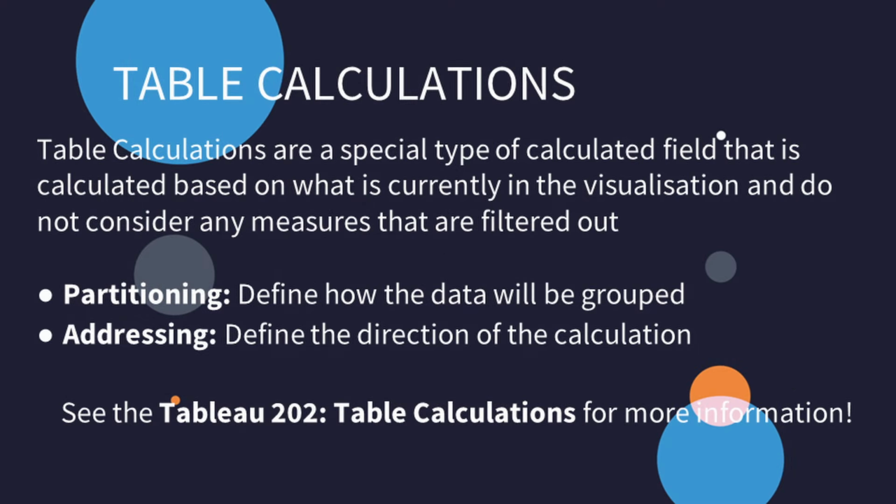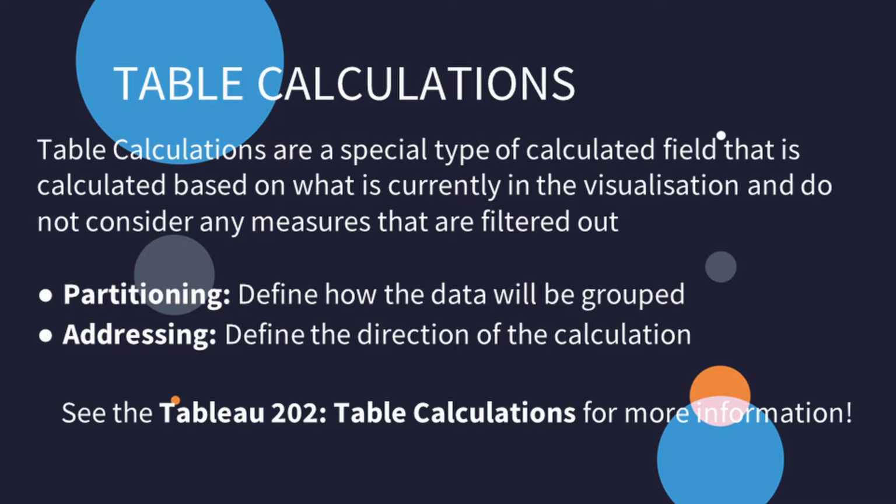You can add a table calculation by right-clicking on the field once it's in the view, and you have multiple options, some of which include ranking. So you can have a rank on a value and then restart it at every category. That would be your partitioning field. Or you can also do a running total, moving average, a percentage of total, and a difference from previous.